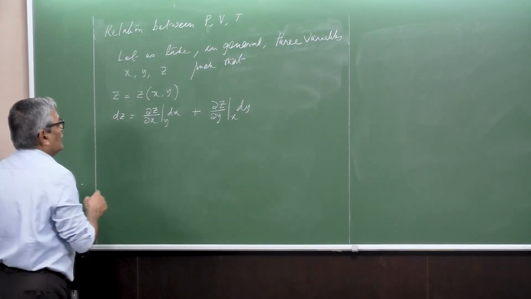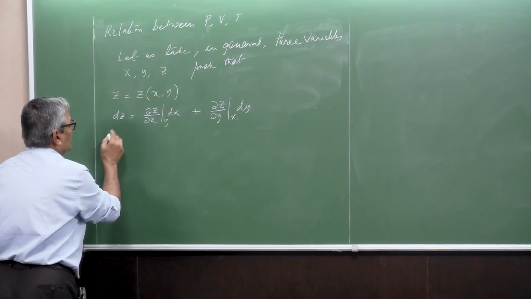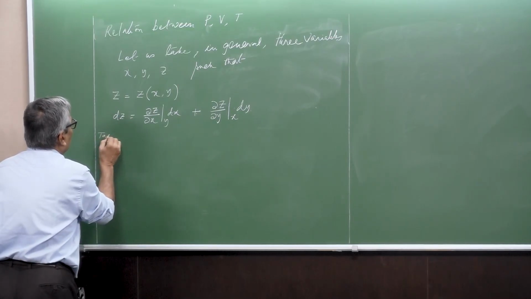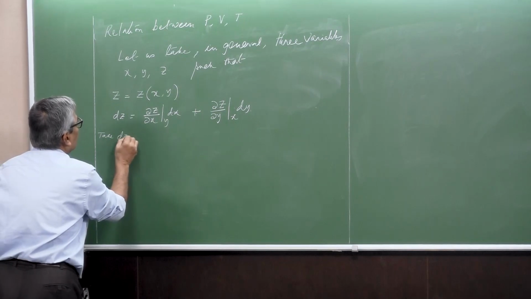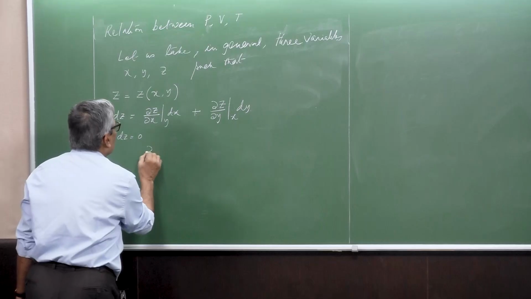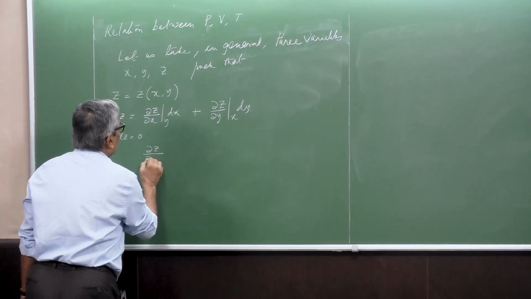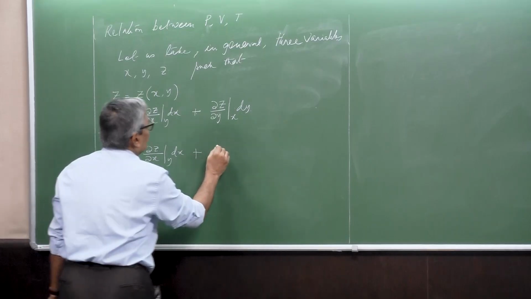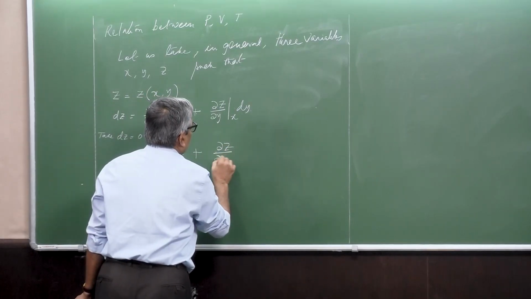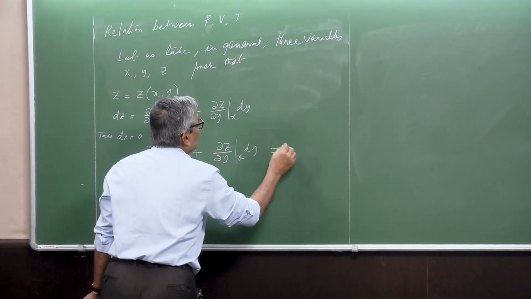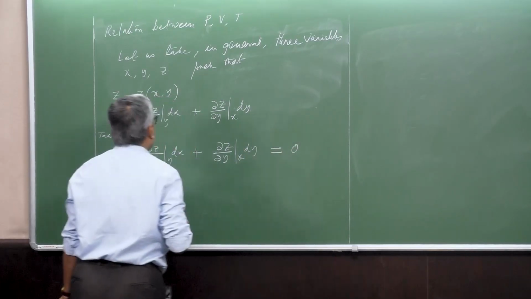If we now take dz equal to 0, then del z del x at y times dx plus del z del y at x times dy equals 0.